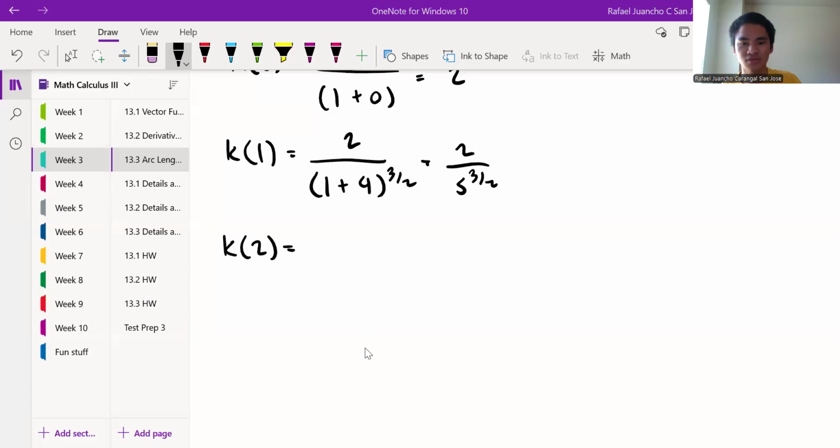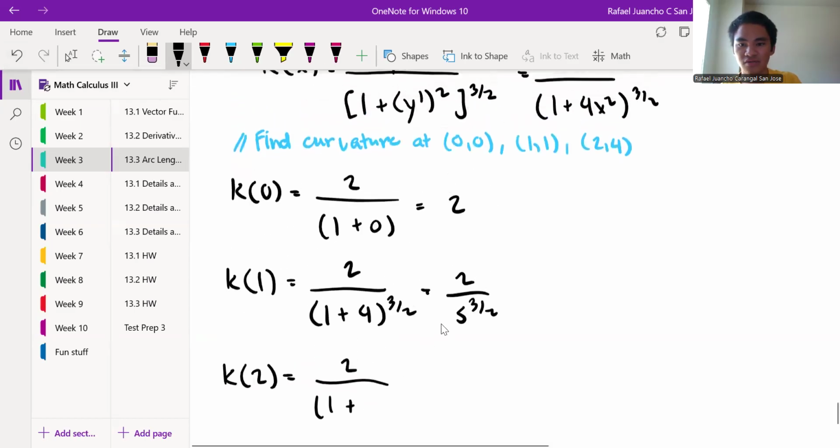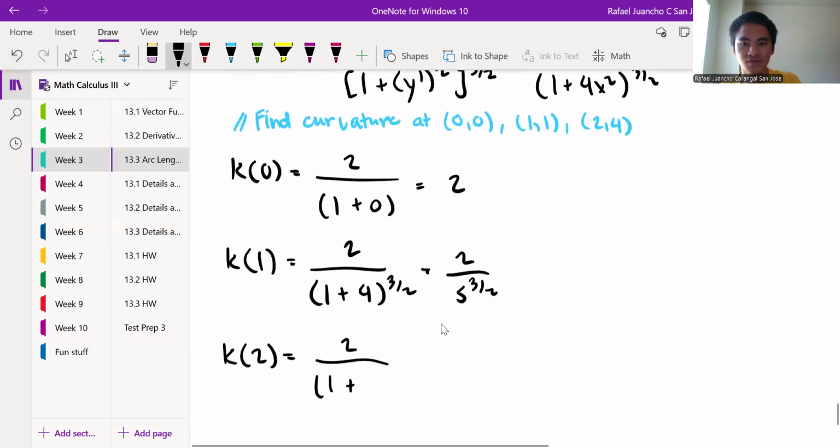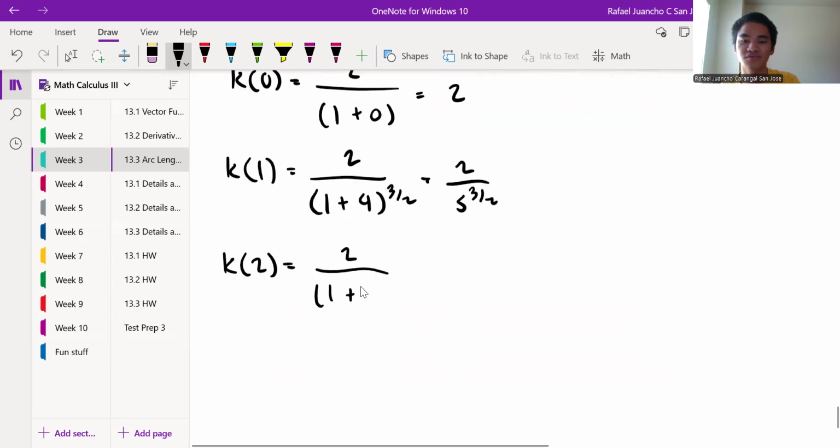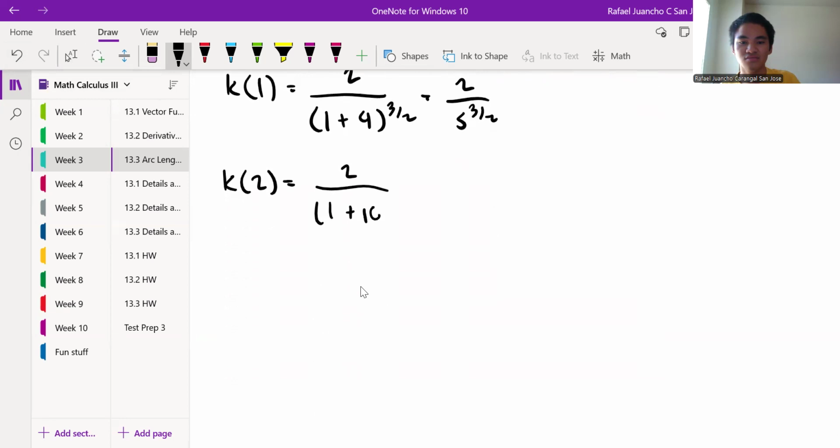So my 2 is, well, I got 2, 1 plus 4 times 2, but the 2 is squared, so I get 4 times 4, so I get 16. Plus 1 is 17, to the 3 halves. So here I get 2 over 17 to the 3 halves. And so we can approximate this thing, maybe just to see more real values.